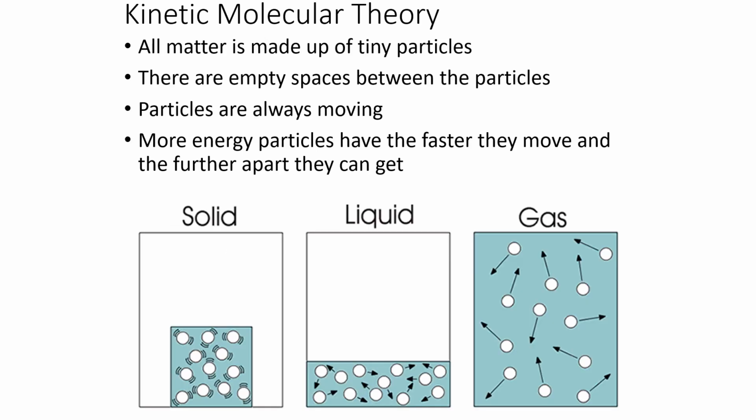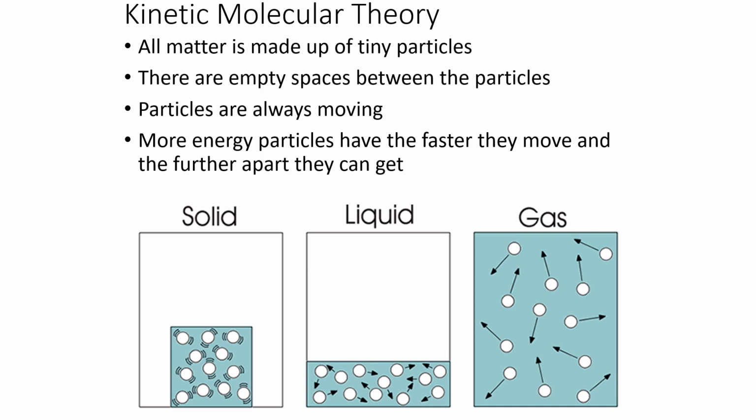Now, hopefully from grade 8, you remember the kinetic molecular theory. The kinetic molecular theory states that all matter is made up of tiny particles, and there are empty spaces between those particles. And the particles are always moving, with very few exceptions. The more energy the particles have, the faster they're going to move and the further apart they're going to get.